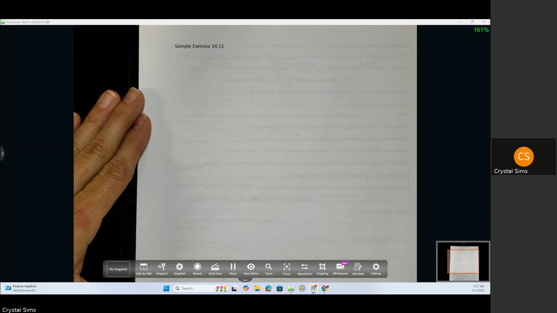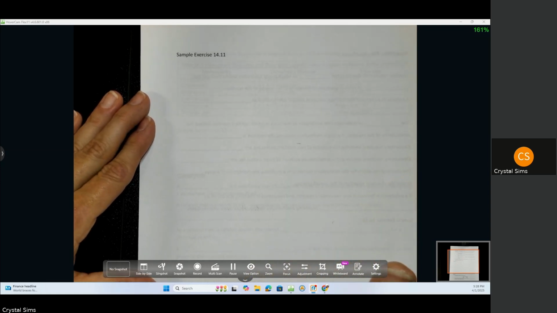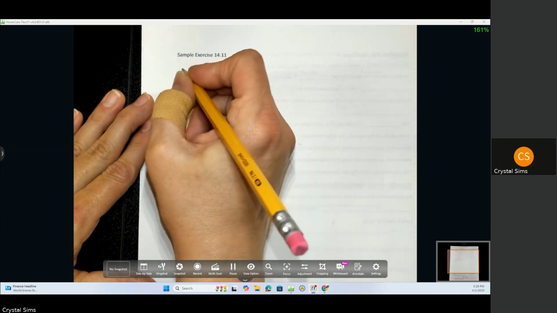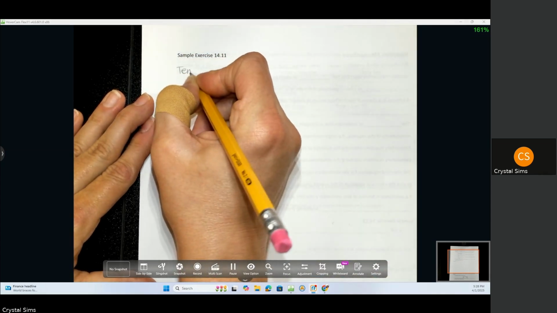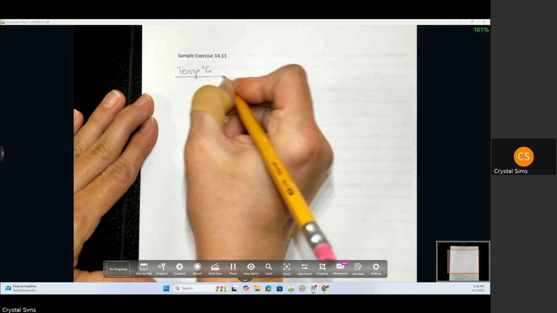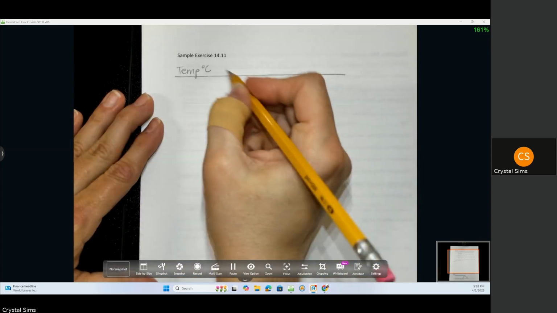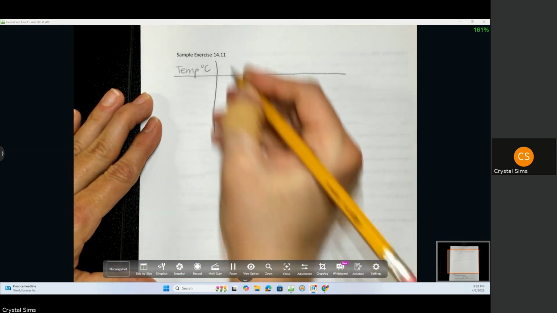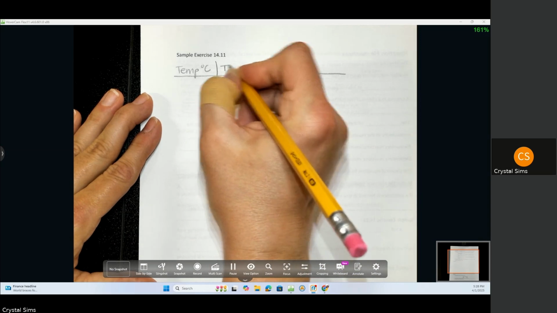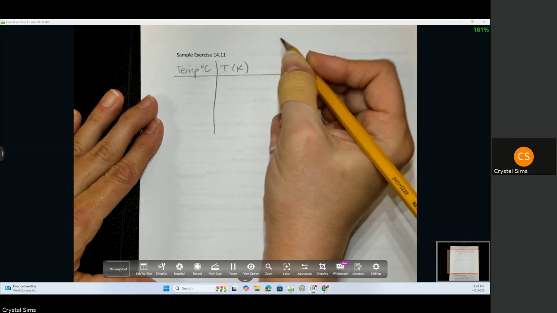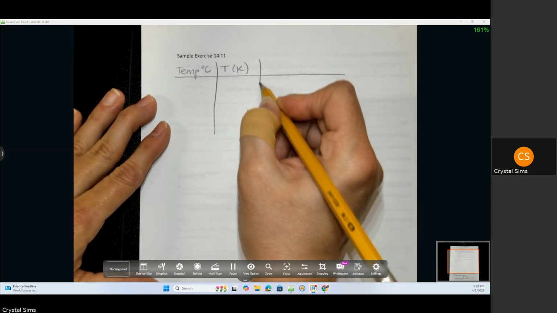That graph is natural log of K versus 1 over T. Just like we did before, we're going to extend out our table to put this other information in. The first thing I'm going to do is draw out what's here. But remember, we're talking about absolute temperature, so we need to convert our temperature to Kelvin. That's one of the steps we're going to have to do.